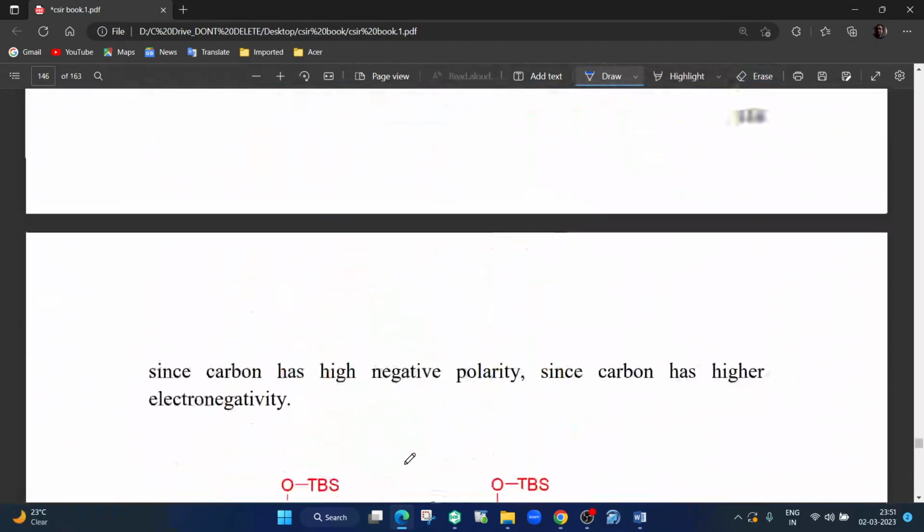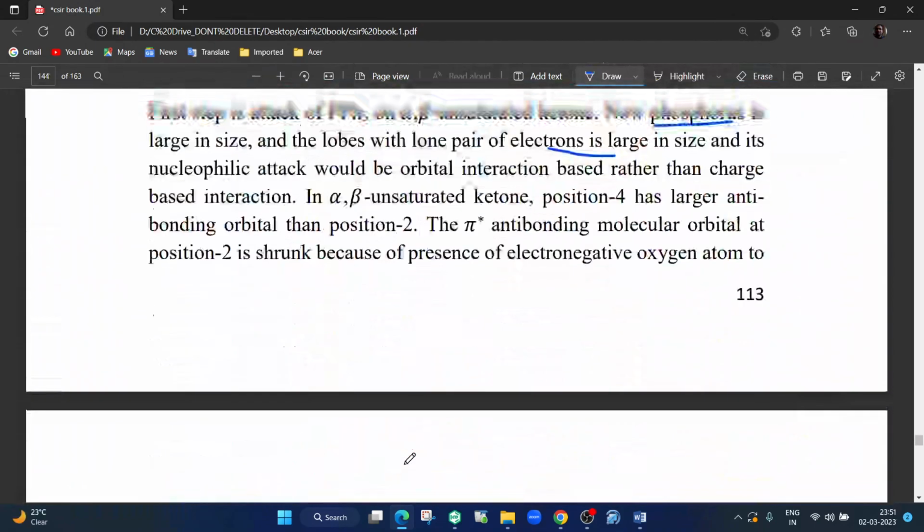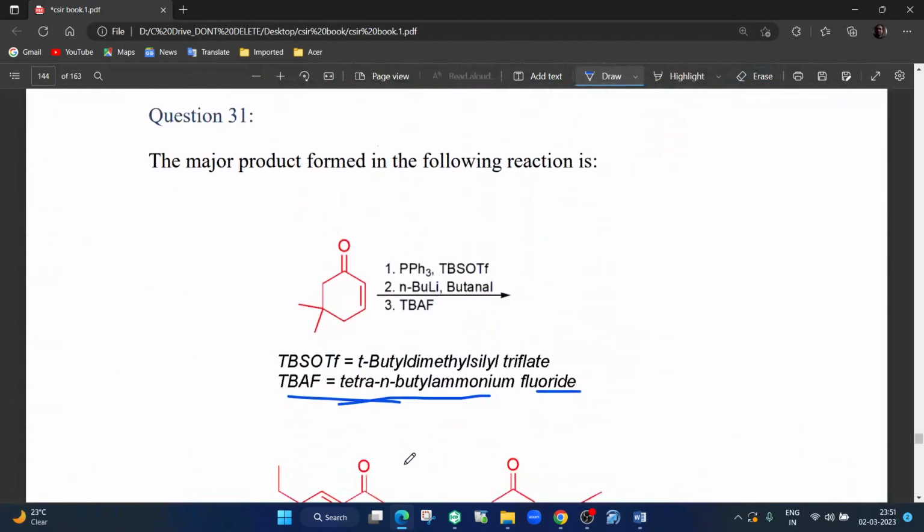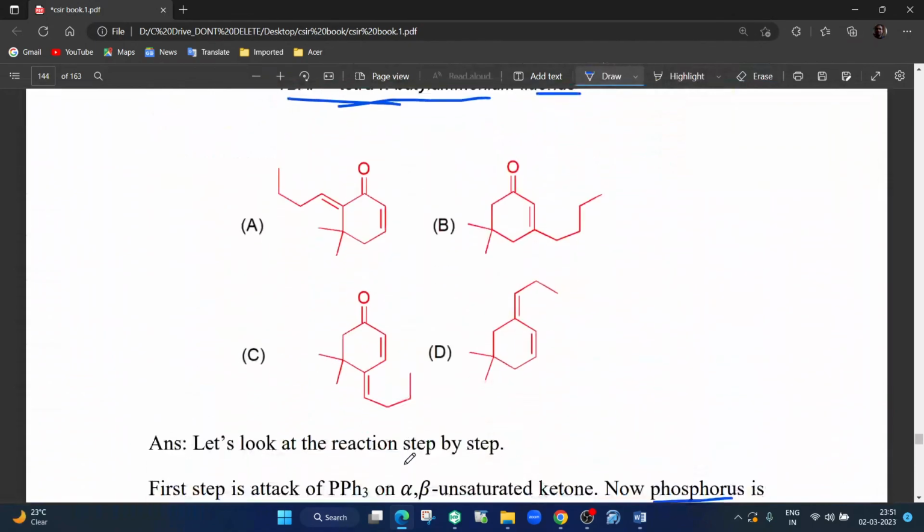I'll go slowly, you can pause and read again whatever I have written. Yeah, so this is the question, these are the options.